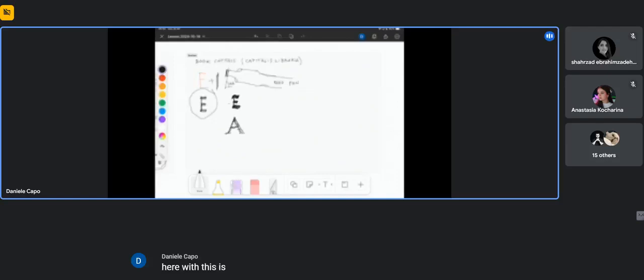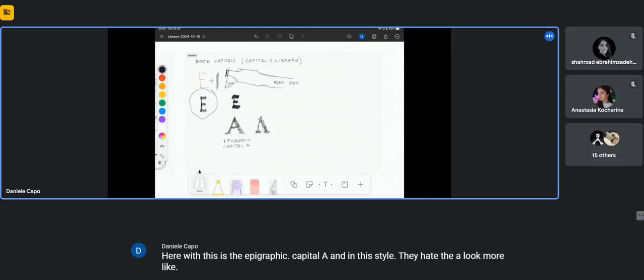Here, this is the epigraphic capital A, and in this style, the A looks more like this, without the middle stroke.